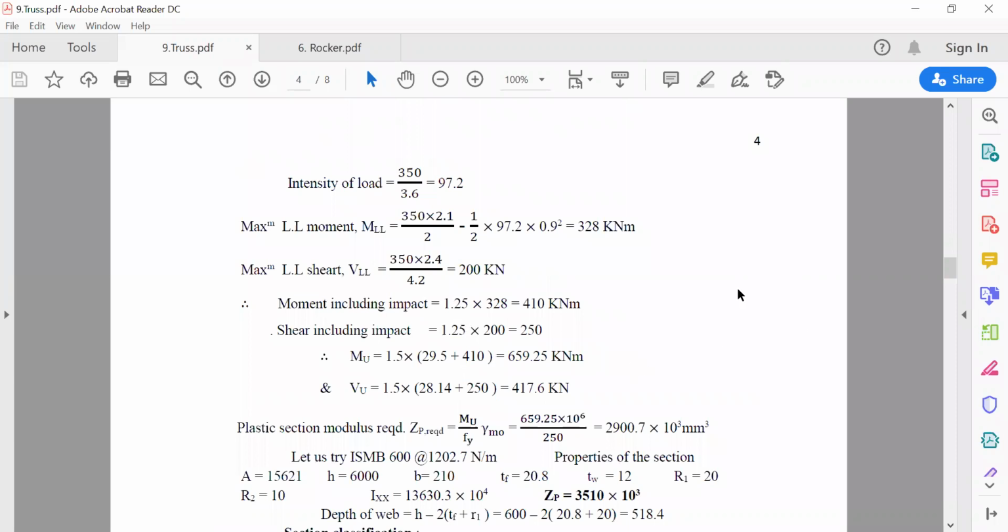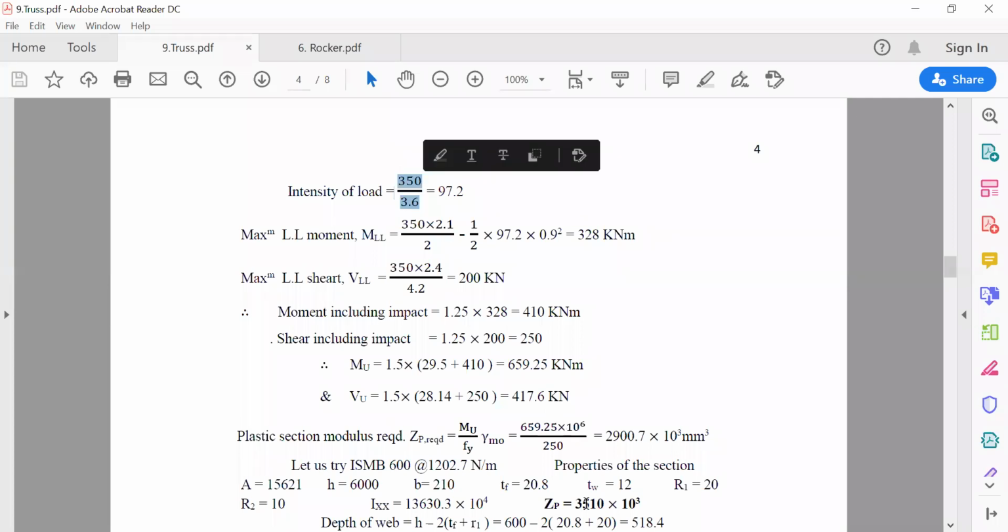Then the intensity of load is 350. Why is it 350? Because we are doing it for one track. At one point of time, both the tracks of the tank will not fall on the stringer beam. Only one track will fall on the stringer beam.